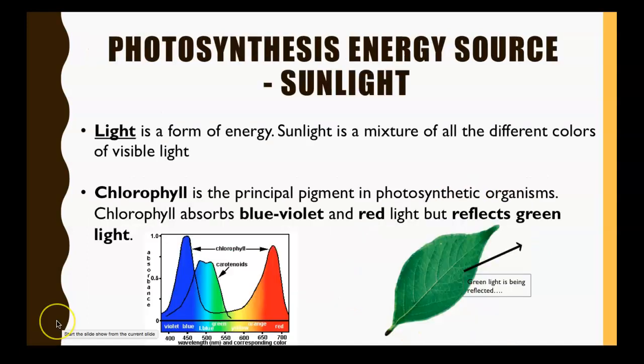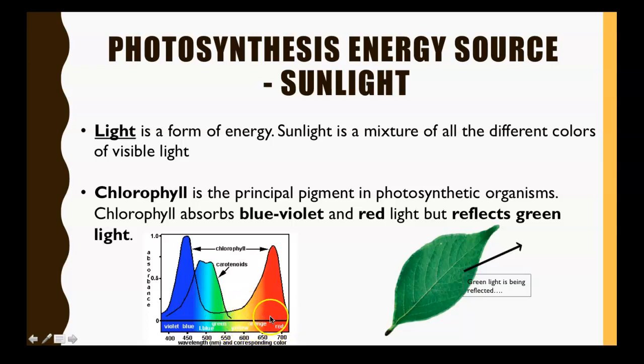All right? So now we're going to talk about the driving force or the energy source for photosynthesis, and that is sunlight. So light is a form of energy. Sunlight is a mixture of all the different colors of visible light in the light spectrum. So if you look at this diagram down here, these are all the wavelengths of light in nanometers. Okay, you could see violet, blue, green, yellow, orange, and red.